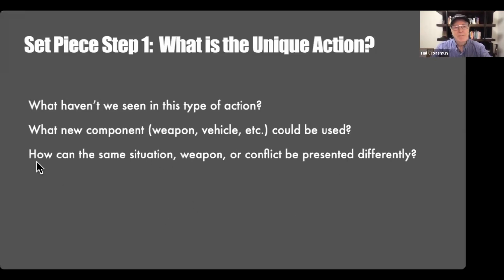So, how can the same situation, same weapon, same conflict be presented differently? I'm just saying things that come to me here, but if the person who's trying to escape has a little baby with them, that escape's going to be very different than if they're somebody who is used to fighting, very successful at it, with nothing impeding them whatsoever.